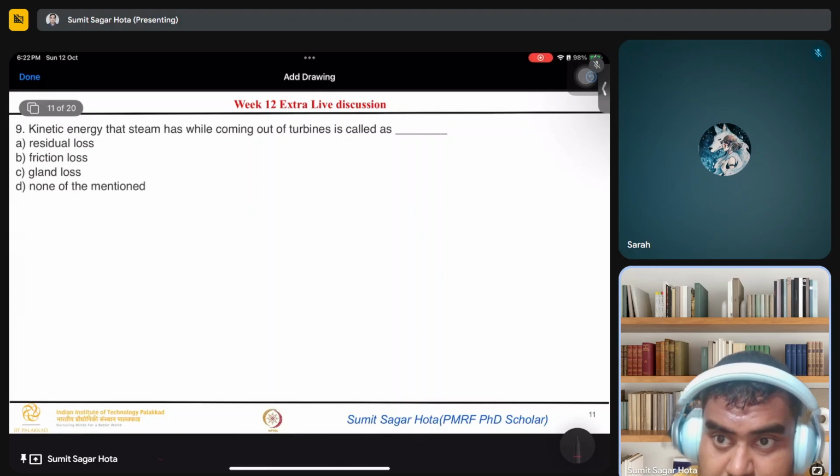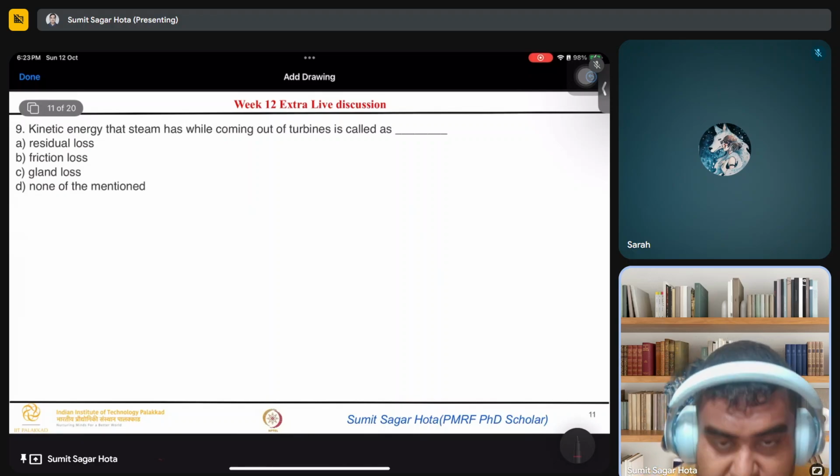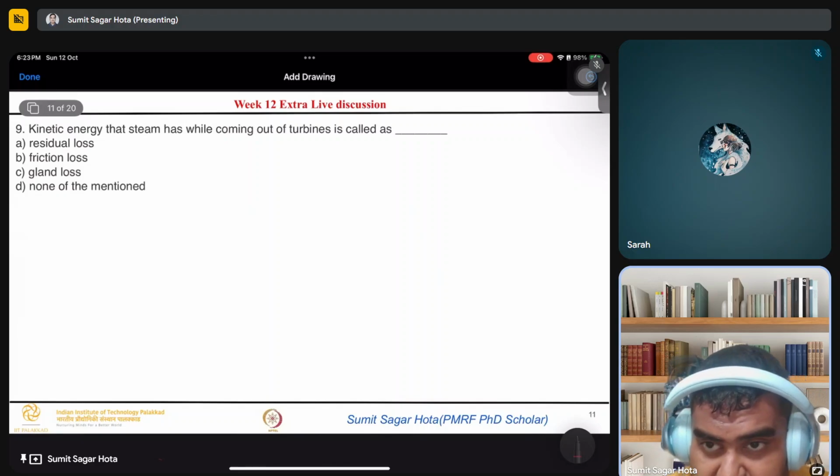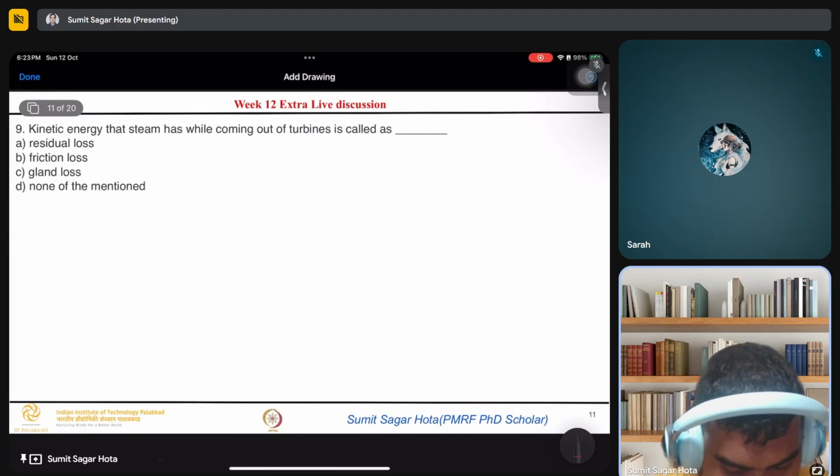Whatever steam is coming out of the turbine is actually a kind of residue. So we just tell it as a residue loss, or residual loss.